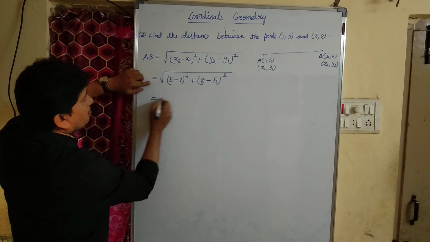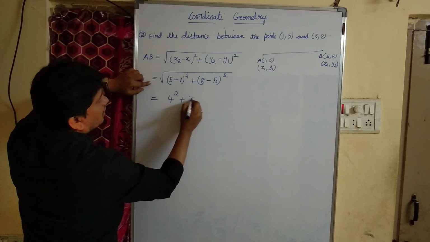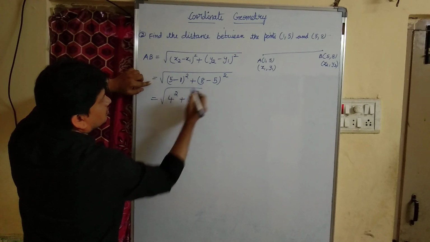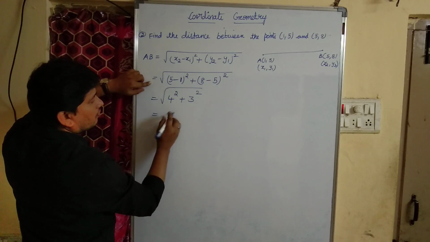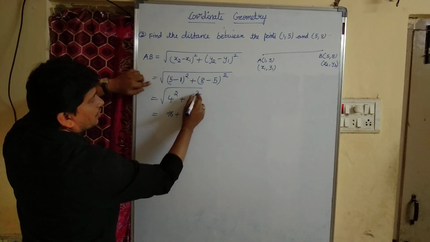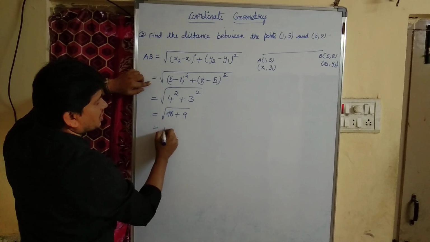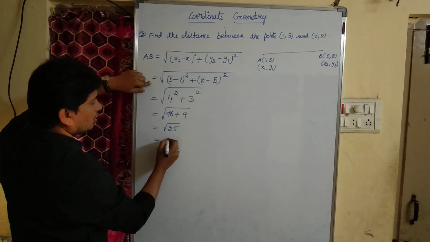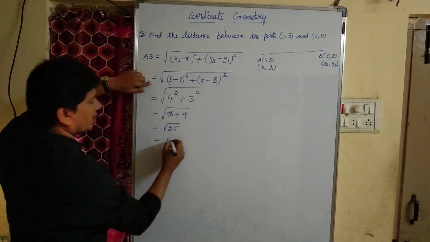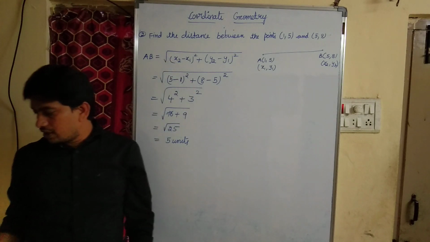So 5 minus 1 is 4 square, 8 minus 5 is 3 square. 4 square, 4 fours are 16, 3 square, 3 threes are 9. So root over 16 plus 9 is root 25, which is 5. So the distance between the 2 points is 5 units.